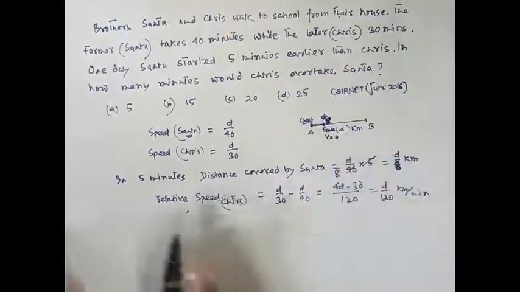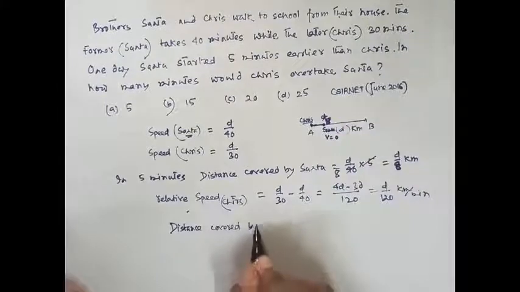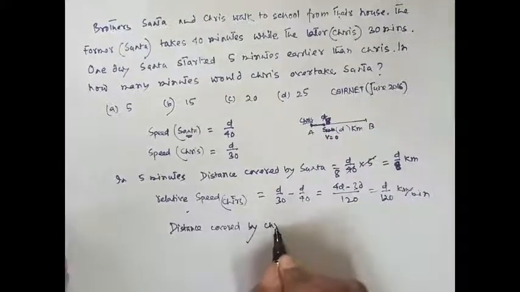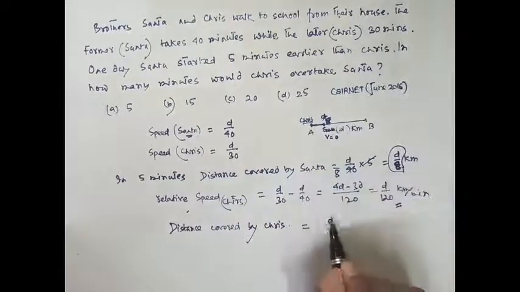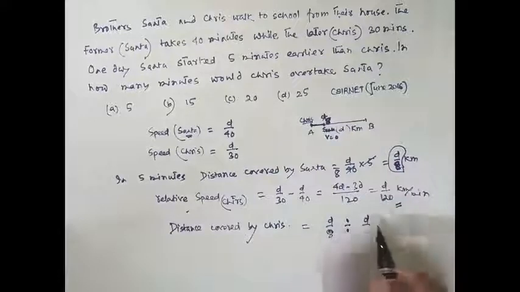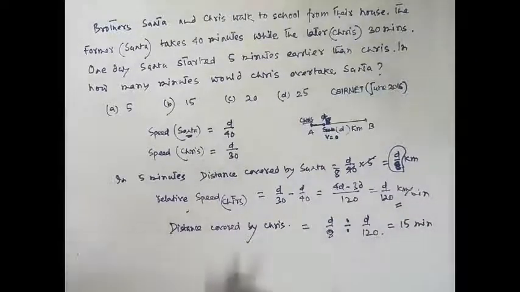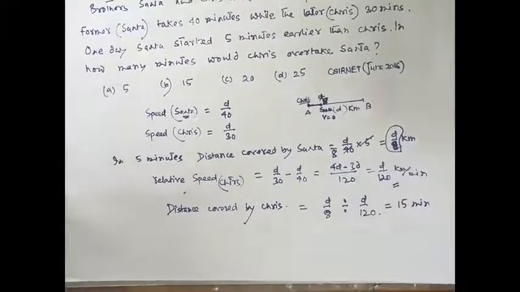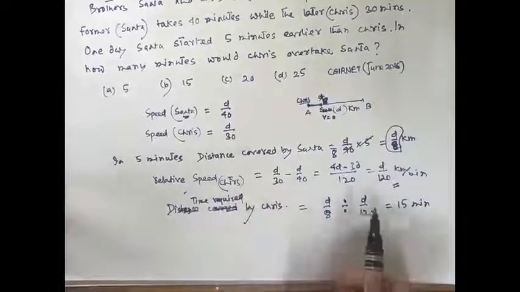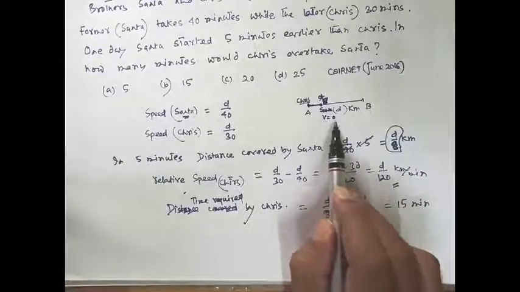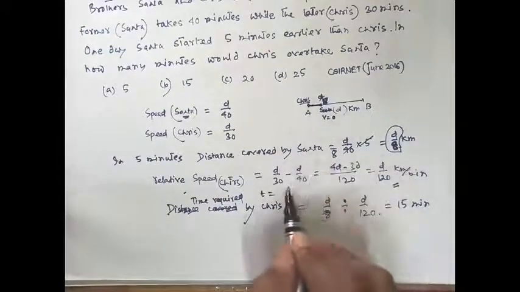So in this case, the time required by Chris to cover this distance is s divided by v.